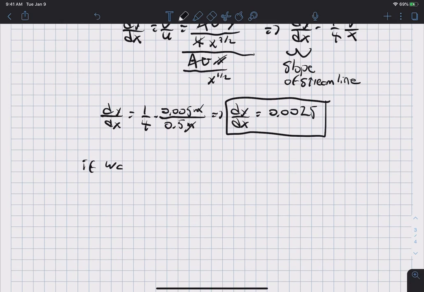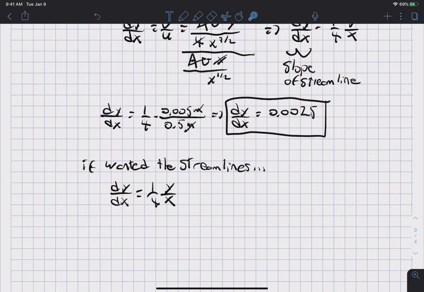If we wanted the streamlines, we'd have dy/dx equals 1/4 y over x. And this is a differential equation now, and we can solve this to find the actual equation to compute the streamlines.